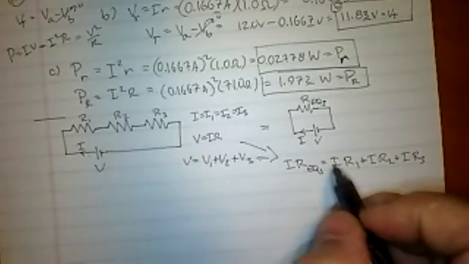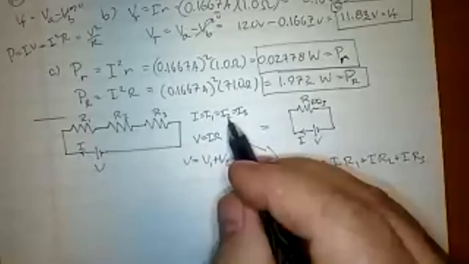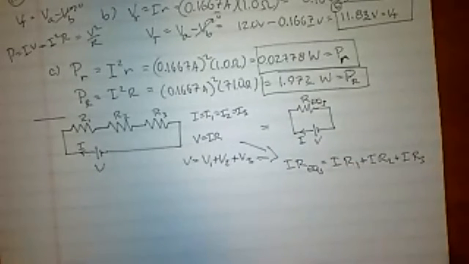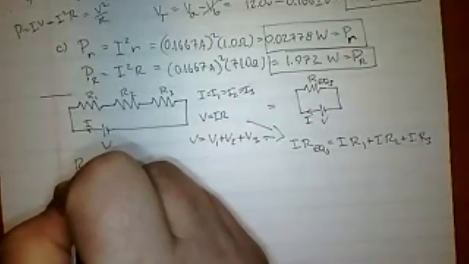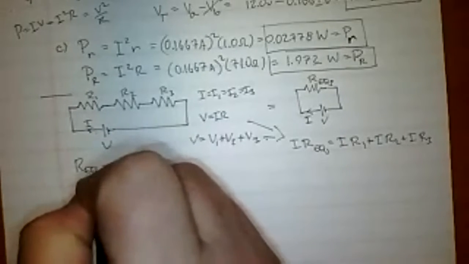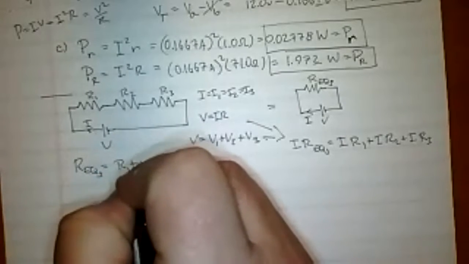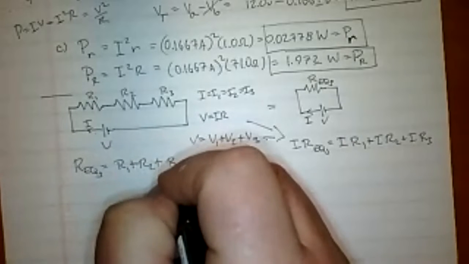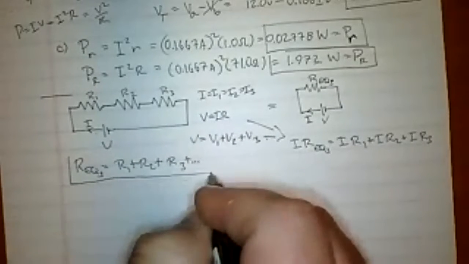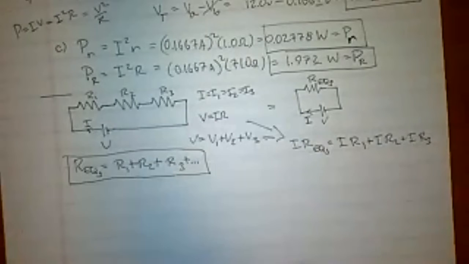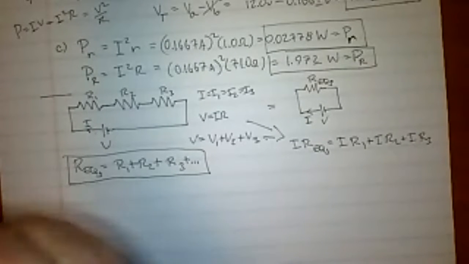And the reason why I did that is because we already found out that I1 equals I2 equals I3. So now I have that R equivalent in series is equal to R1 plus R2 plus R3 plus and so on. As you can tell, if I did this with 84 resistors or 42 resistors, I'd still get the same result. All right, I just keep adding them.